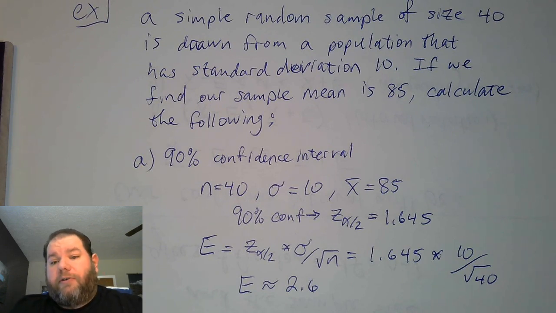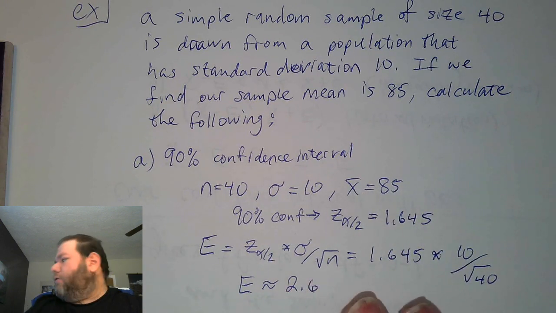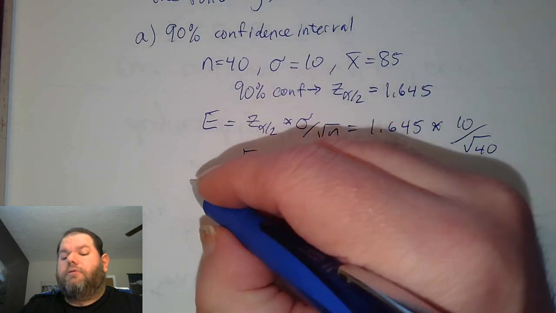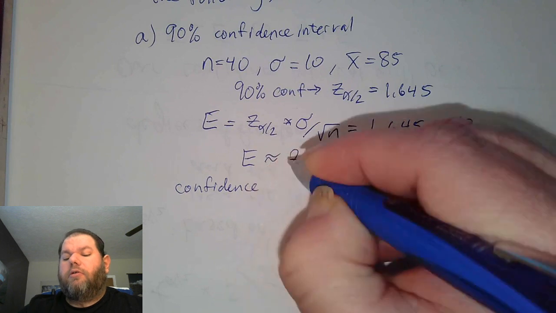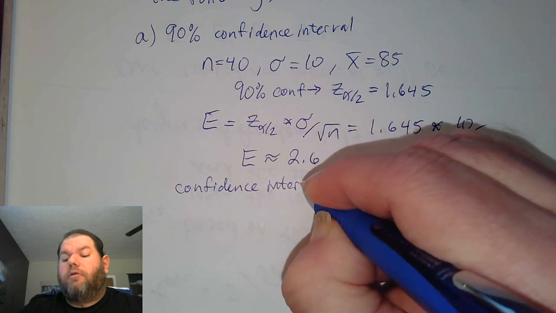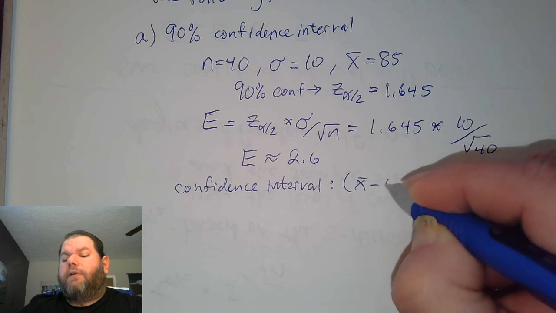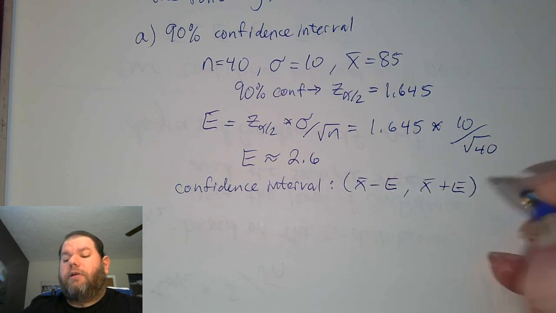So our error term is 2.6. Now, x bar is 85, so our confidence interval we know is x bar minus e, comma, x bar plus e.